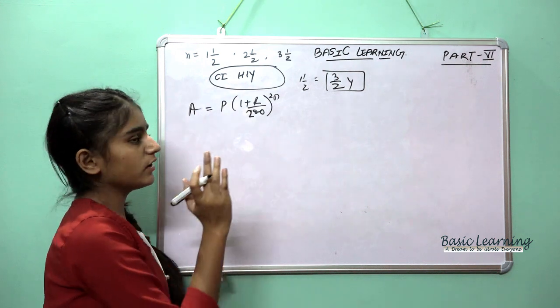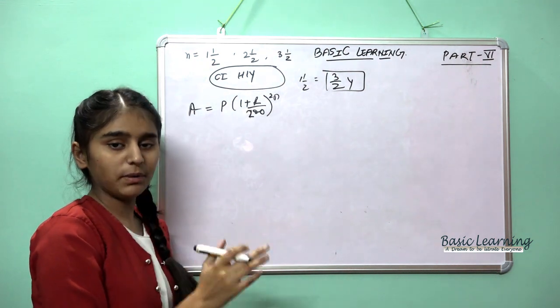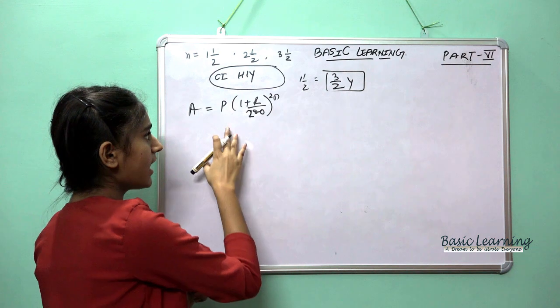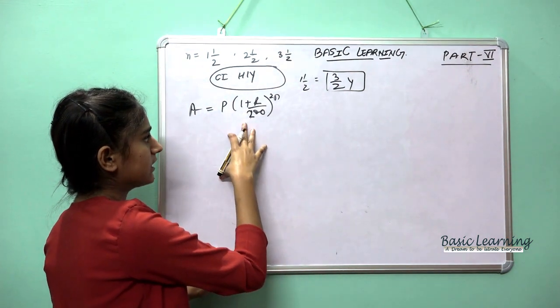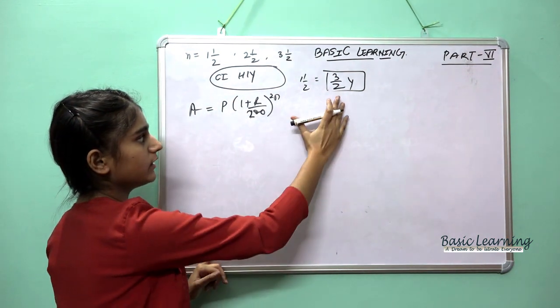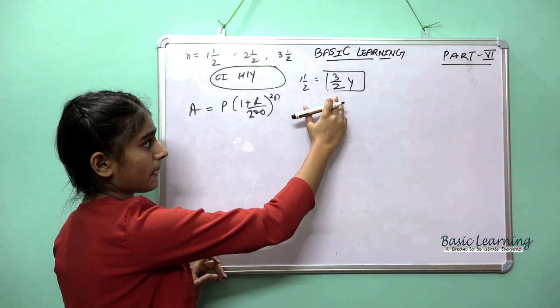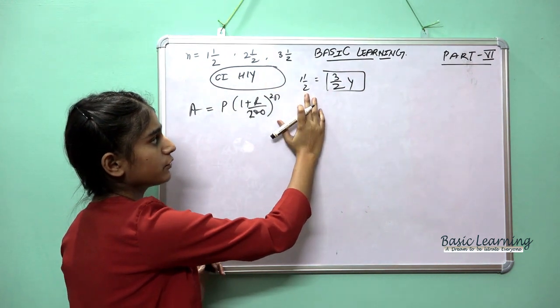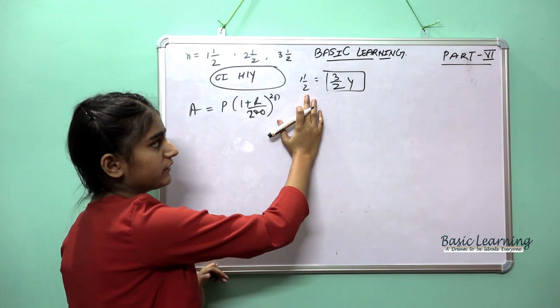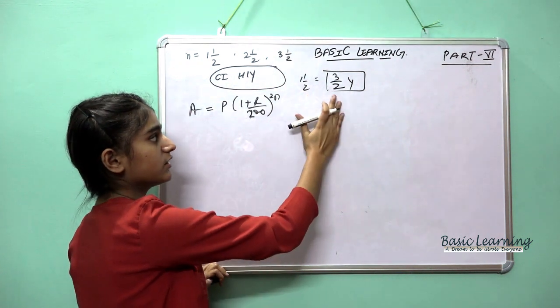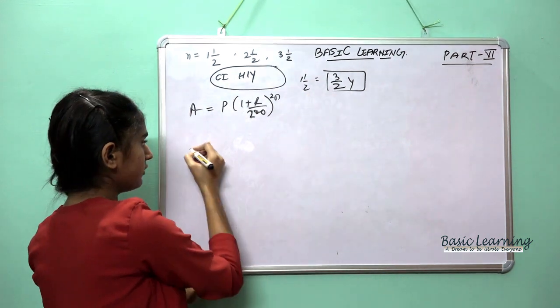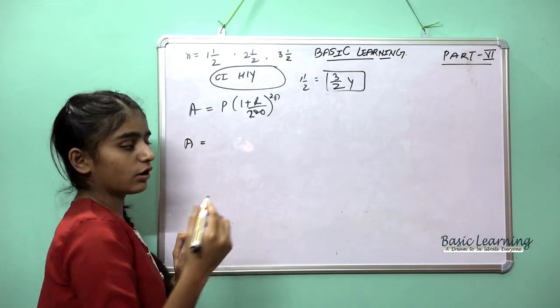On calculating the compound interest on half yearly basis, we have to use this formula, and if the time duration is given to you in mixed fraction, we have to change it into improper fraction. Now we can do the calculation.